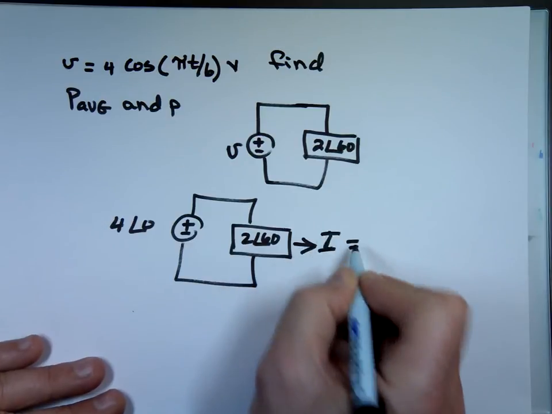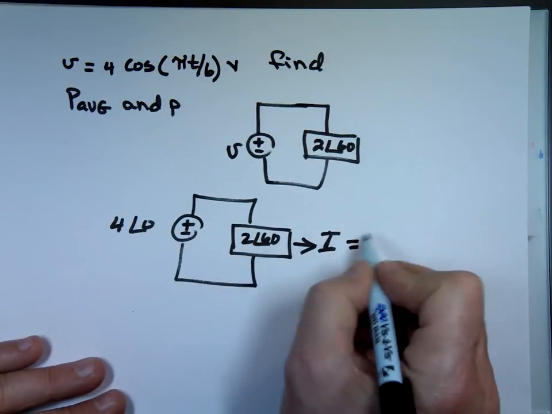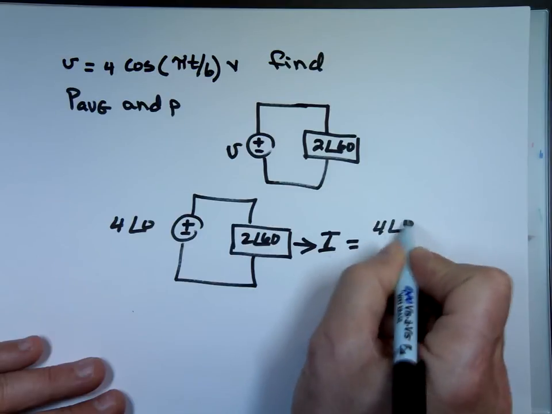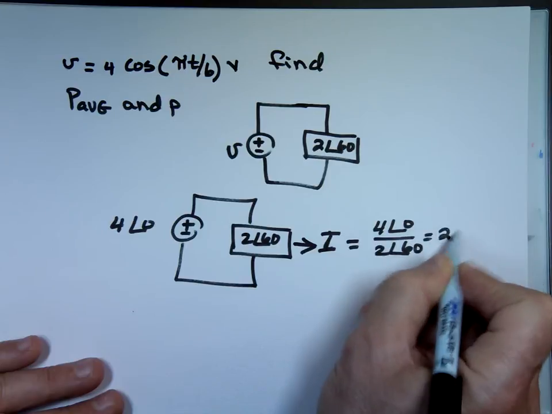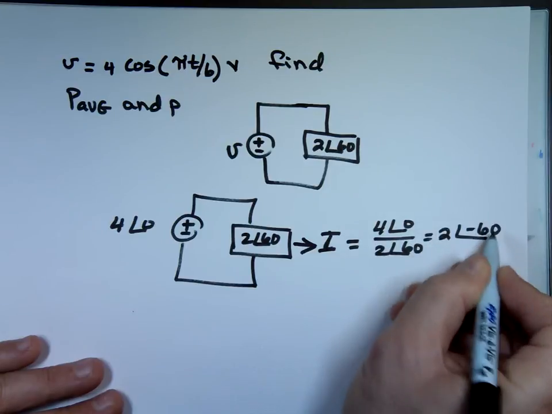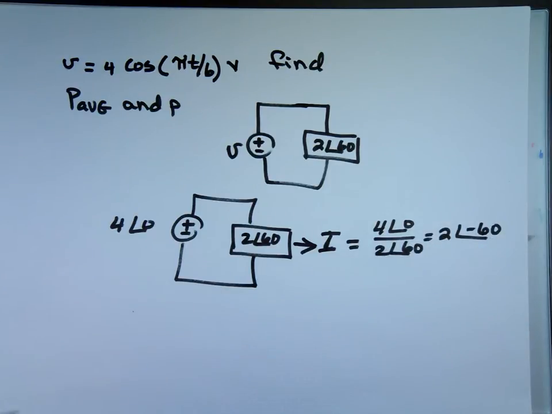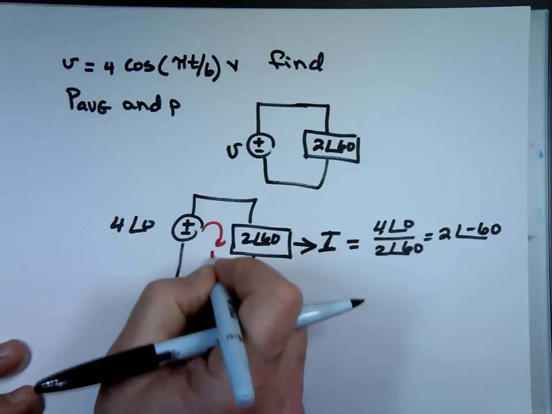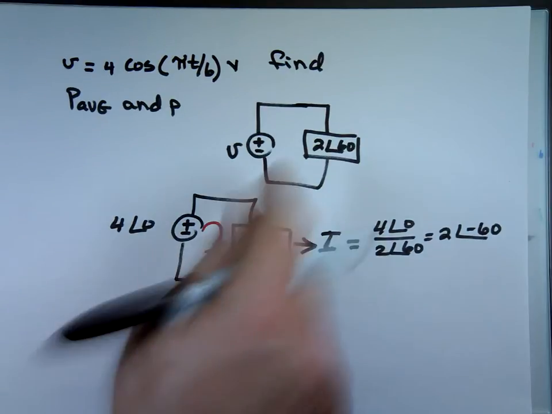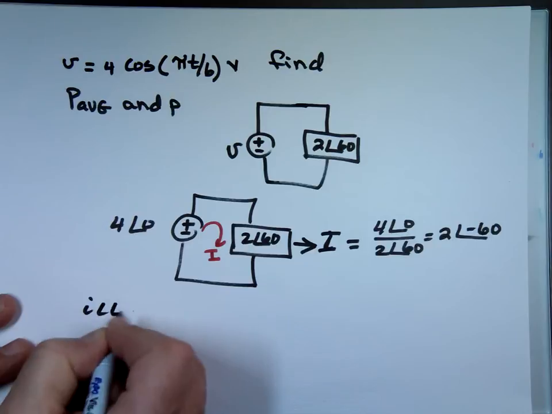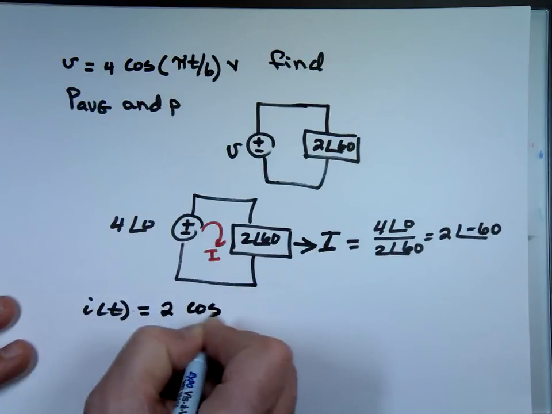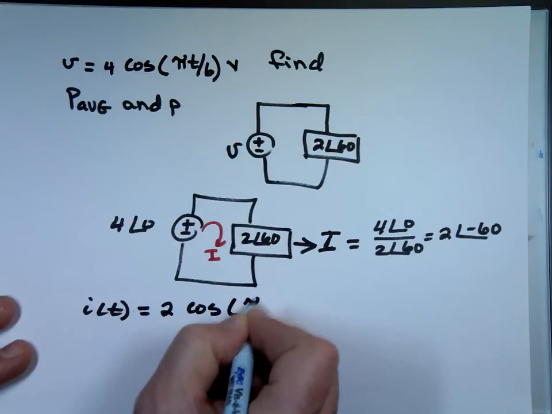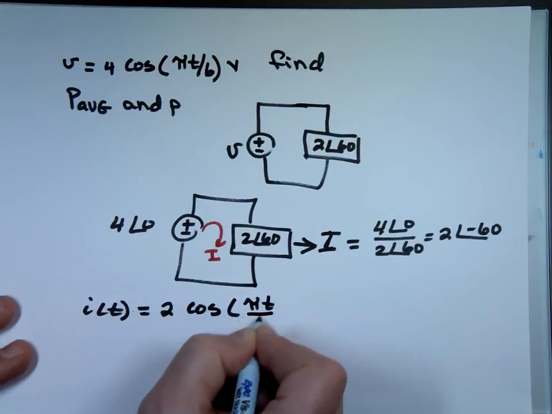V over Z, 4 angle 0 divided by 2 angle 60, which is what? 2 angle negative 60. So I know the current going through that load as a function of time. The current's going to be what? 2 times cosine pi t over 6 minus 60 degrees.